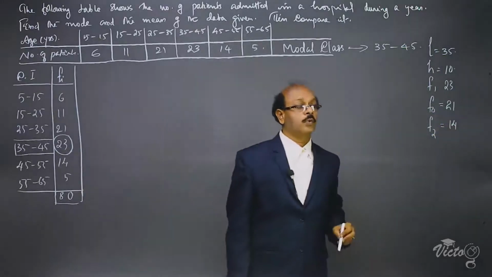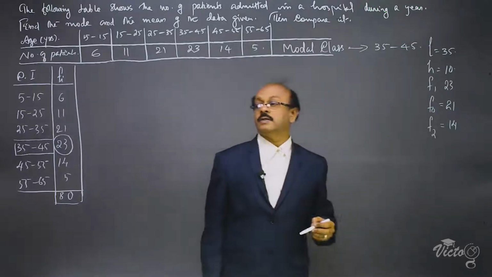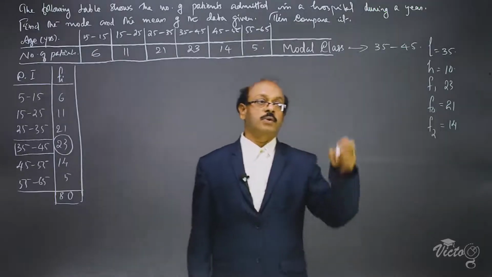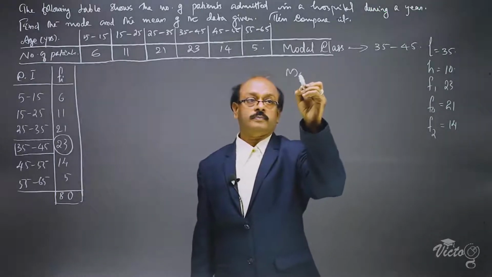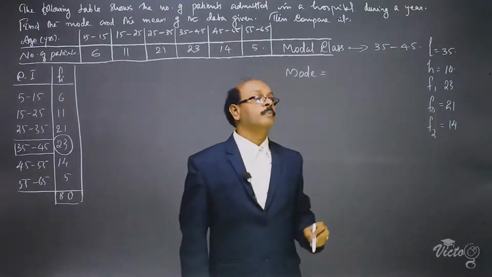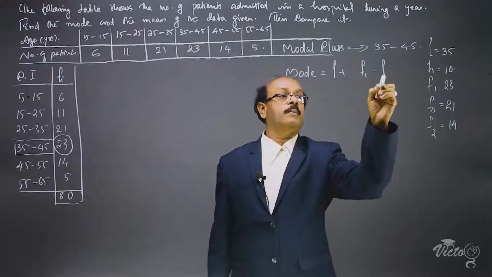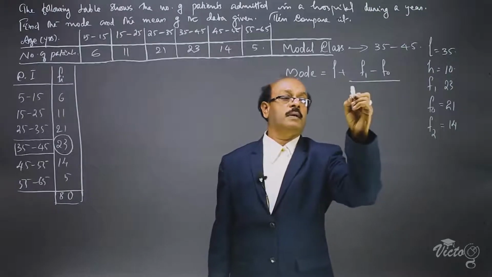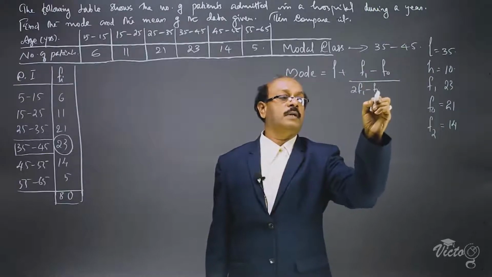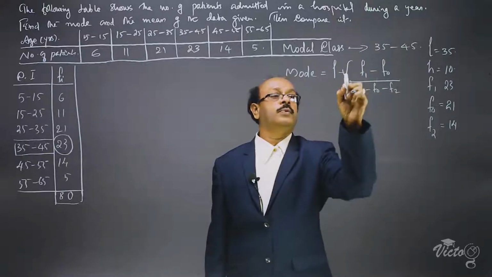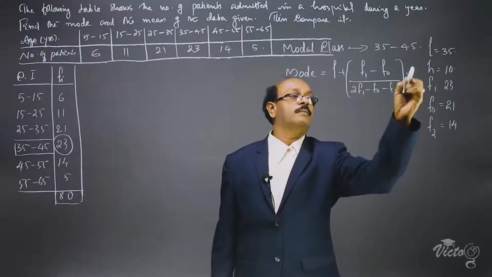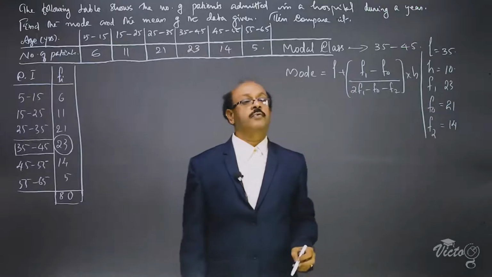Now write the formula and give the values, and then we will get the mode of the frequency distribution. Mode is equal to L plus (f1 minus f0) divided by (2f1 minus f0 minus f2) into h. This is the formula for finding the mode.